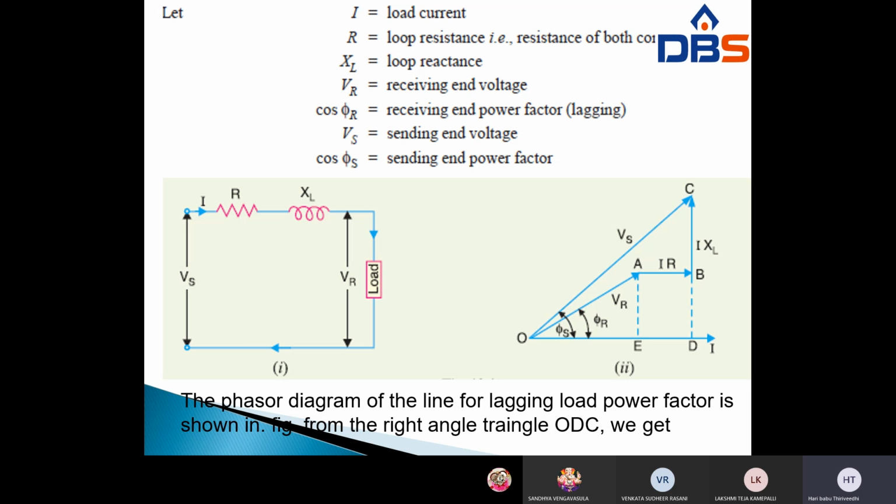Now the combination of VR, IR, IXL is nothing but the sending end voltage. So VR plus the drop in IR plus the drop in IXL is the sending end voltage. The phase angle between sending end voltage and current is phi S, and the phase angle between VR and I is phi R, right?